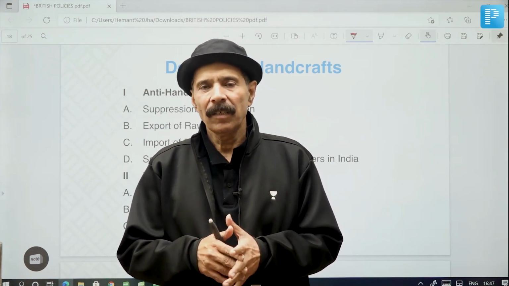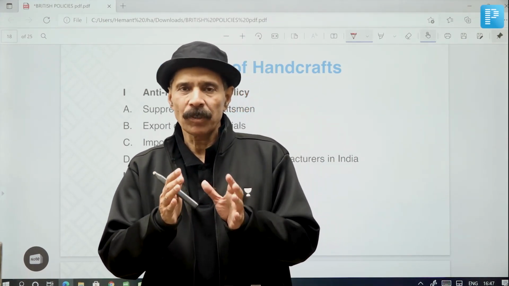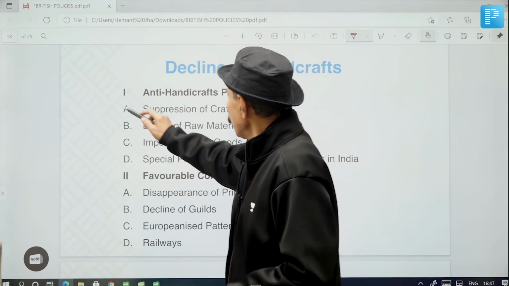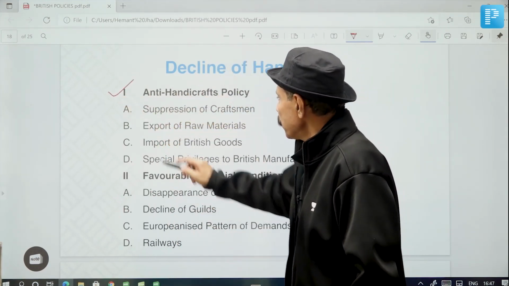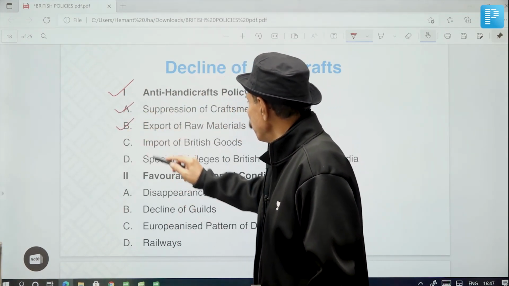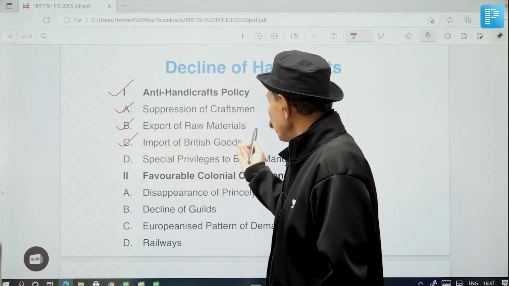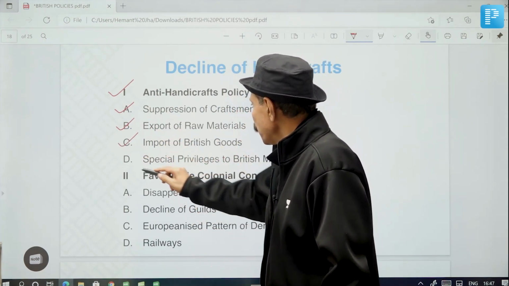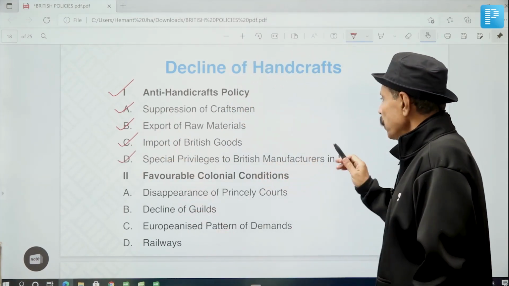And in the destruction of handicrafts, two forces played a role. One is the anti-handicrafts policy of the British, like suppression of craftsmen, export of raw materials, import of British goods, creating tough competition with Indian handicrafts, and special privileges given to British manufacturers in India.